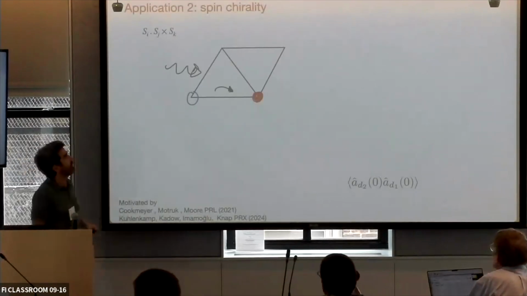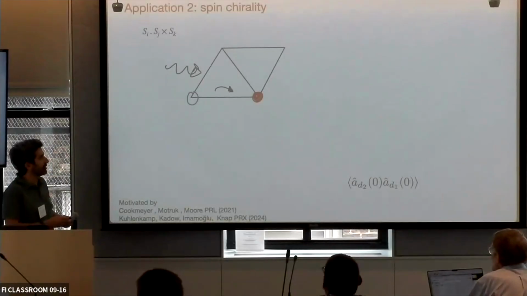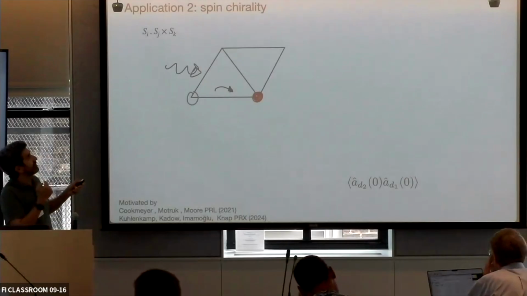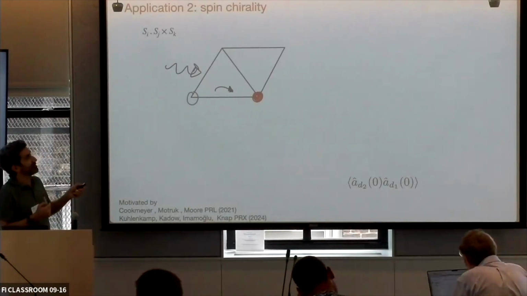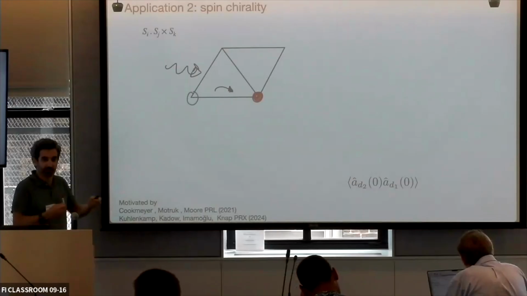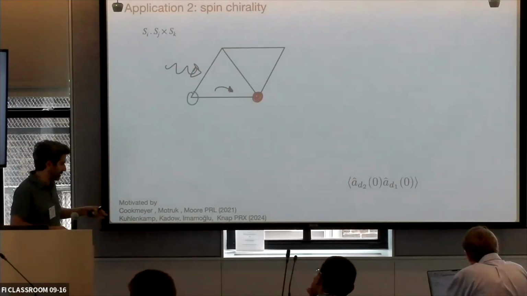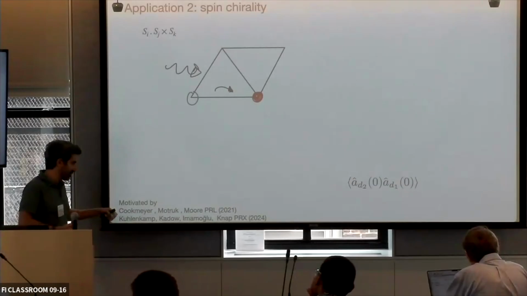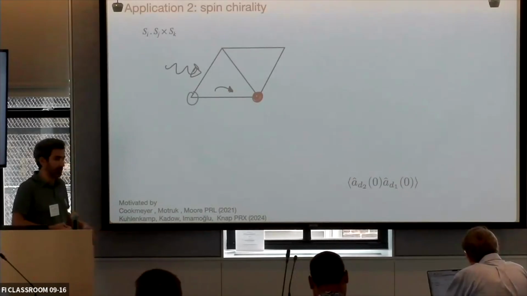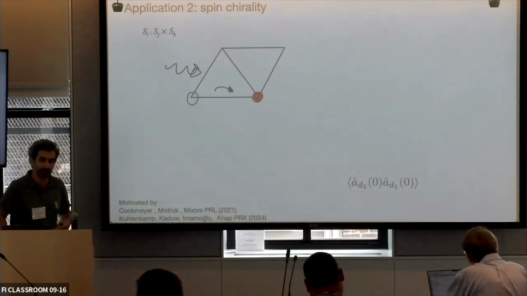The second one is a spin chirality that I advertised, and this is motivated. It doesn't measure the spin liquid order, because for that I really need to measure Wilson loop operators. But it's a signature that was numerically suggested in this work, and then in this work it was worked out for the TMD, whether one can see it.